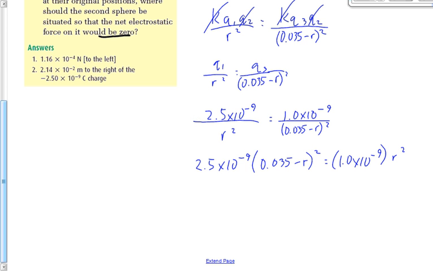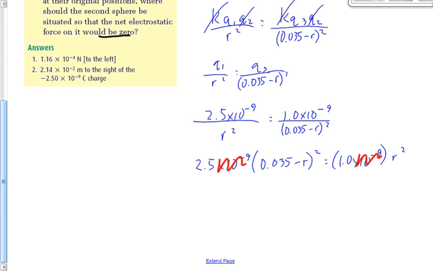I can cancel out 10 to the minus 9, right? That's not really a big deal, but it saves us a little bit of bother in our calculators, to not have to worry about those exponents. Honestly, I just noticed that when I was looking at this question.